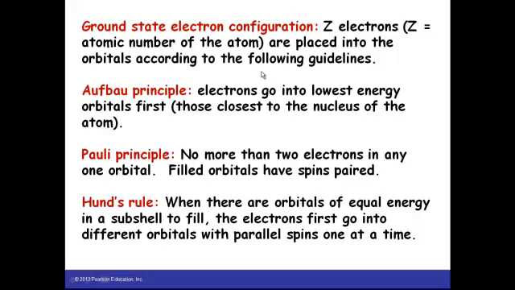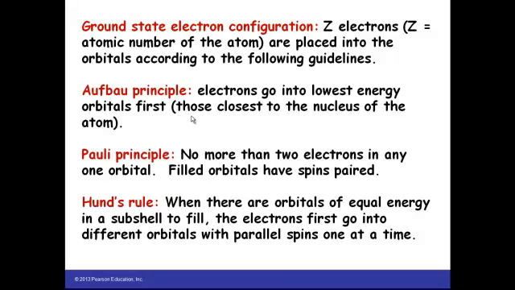These are going to be placed into the different orbitals, which represent our apartments now, according to our following guidelines or our following rules. So there's 3 main rules that we have to follow. The Aufbau principle says that electrons have to go into the lowest energy orbitals first. So the lowest energy orbitals are the ones that are going to be closest to the nucleus of the atom.